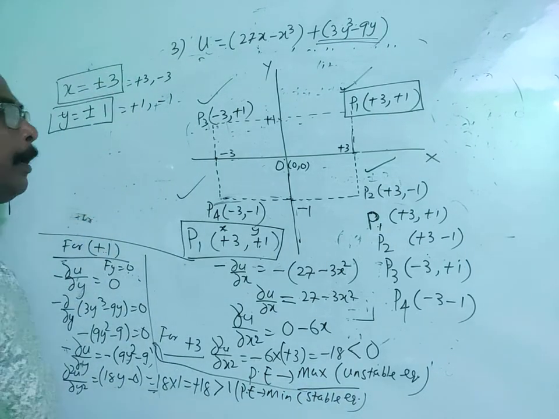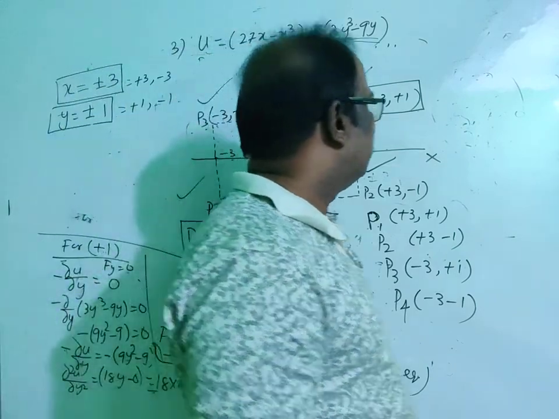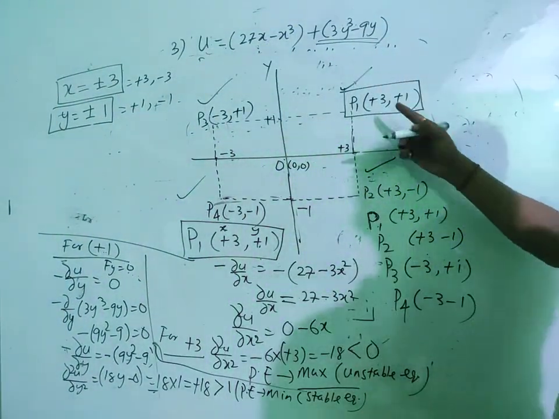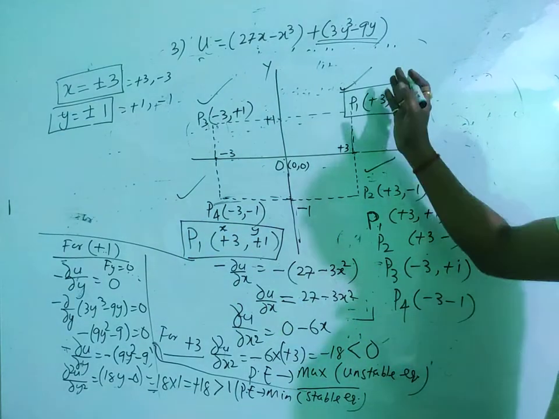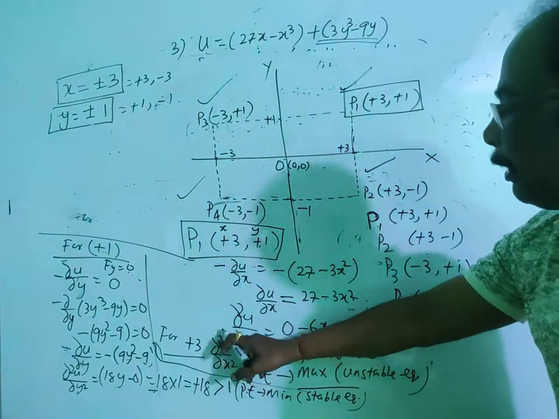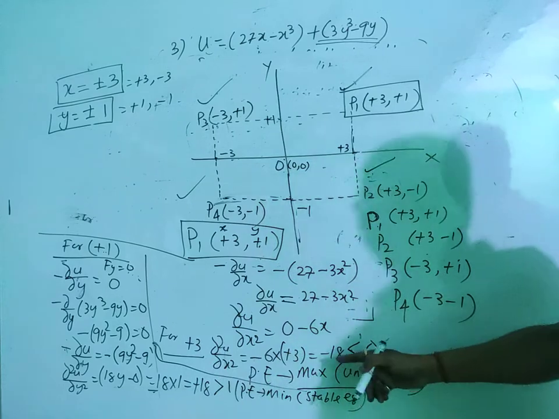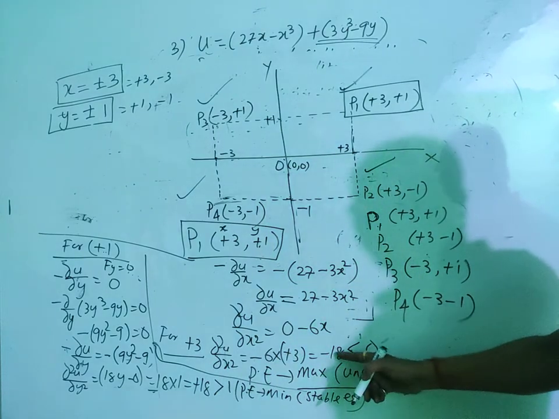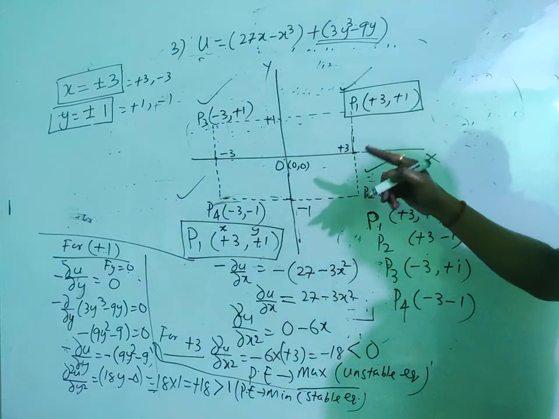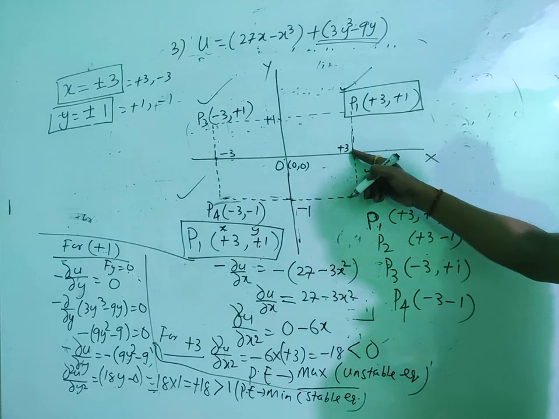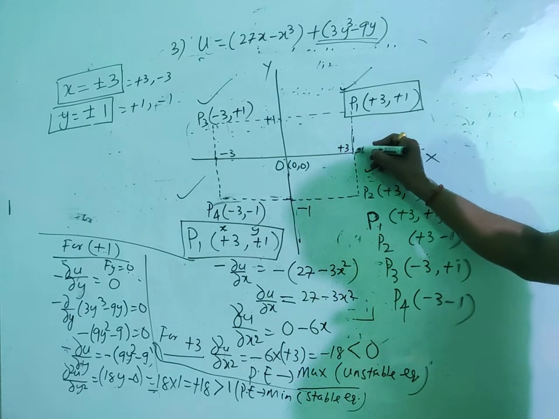I have checked point 1. Plus 3 is the value of x, plus 1 is the value of y. We have proved that d square u by dx square is minus 18, less than 0, so at plus 3 potential energy is maximum.